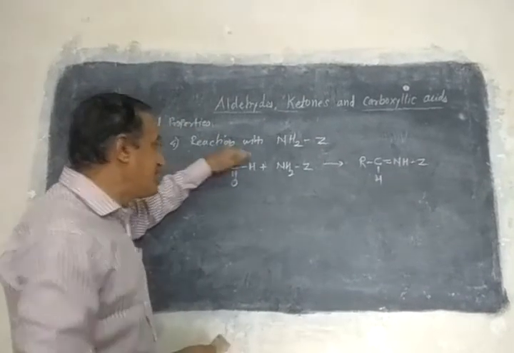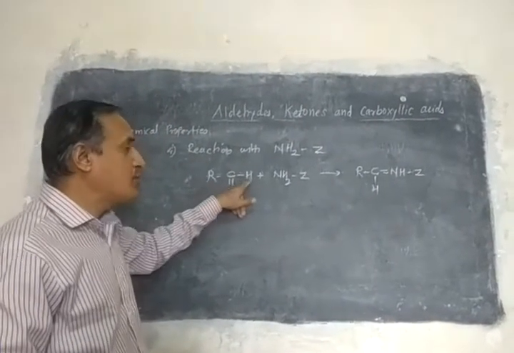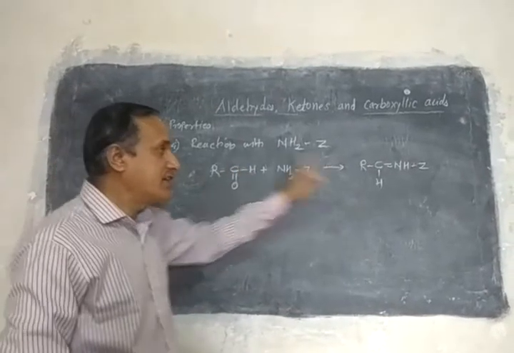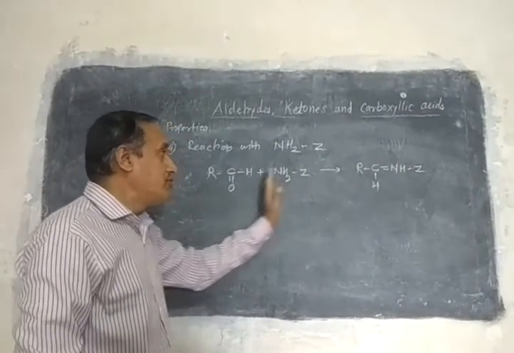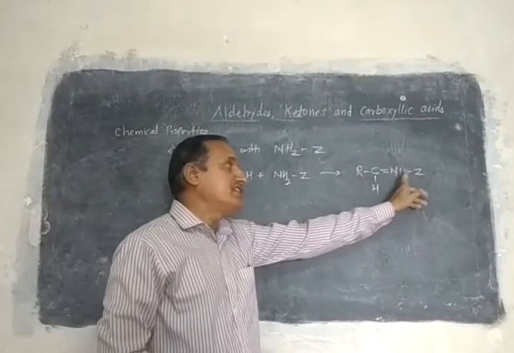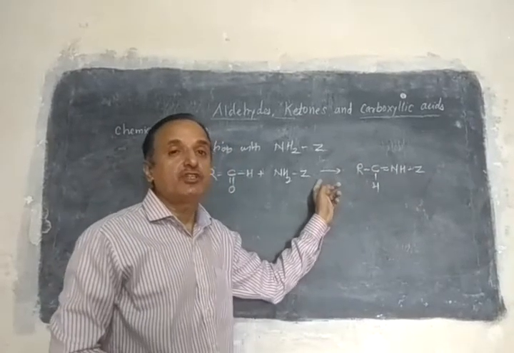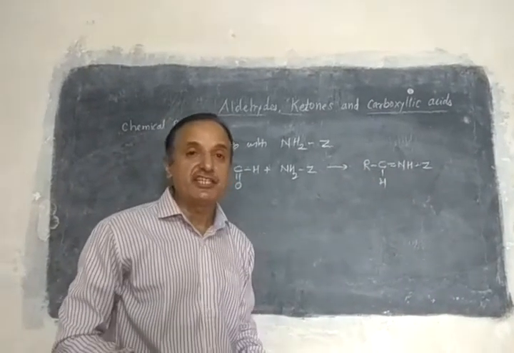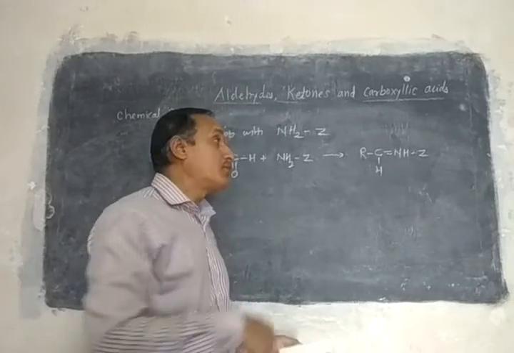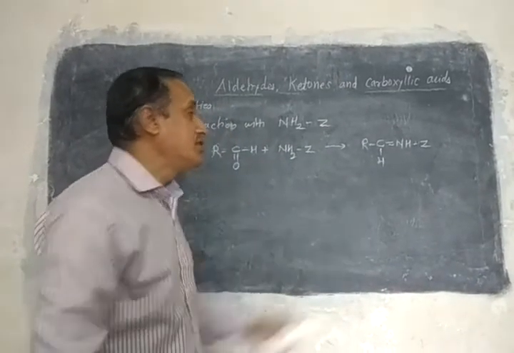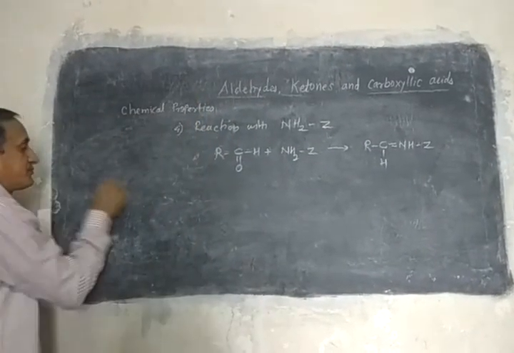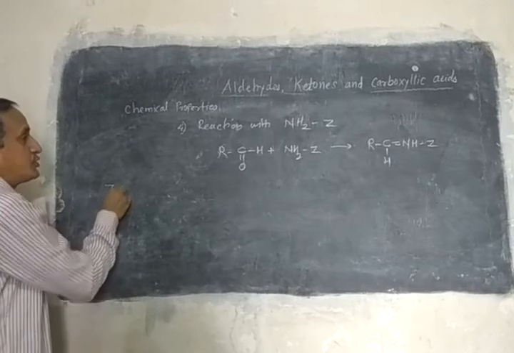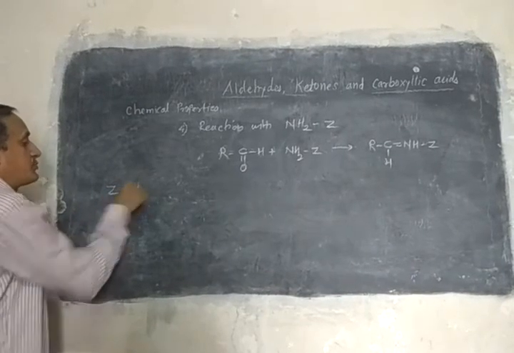So with aldehydes and ketones, in place of RH and R we get only R, and we get N-substituted aldehydes or N-substituted ketones. Now for example, suppose in place of Z you take the OH group.